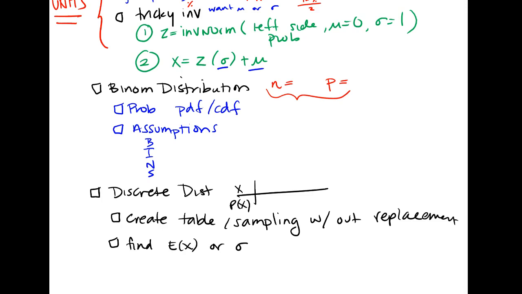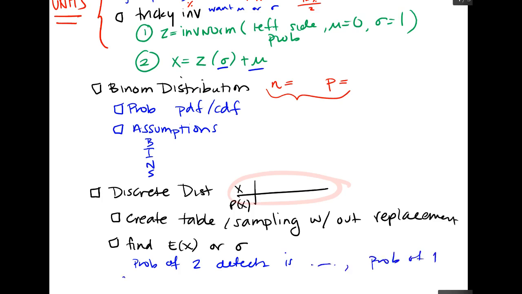In these particular situations, I would be giving you basically all the different probabilities. You'll see a list of probabilities. It won't be given to you in a table, but instead it'll be like, the probability of 2 defects is blah, blah, blah. Probability of 1 defect is blah, blah, blah.